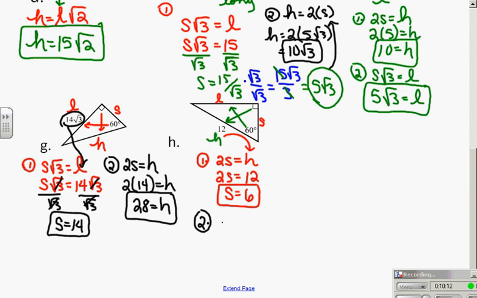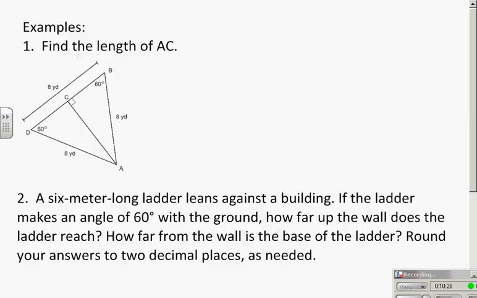Substitute in what I know. 2 times the short leg is 12. Divide both sides by 2, and s is 6. Now, once I know the short side, we know that the short side times the square root of 3 is the long side. Substitute in what I know. 6 square roots of 3 is my long leg.